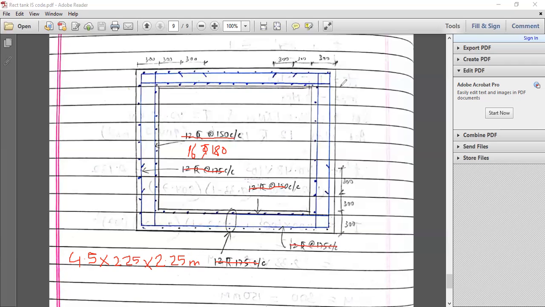Design the tank if it is supported on all sides under the wall. Use M20 concrete and mild steel reinforcement. Okay, that is the question.